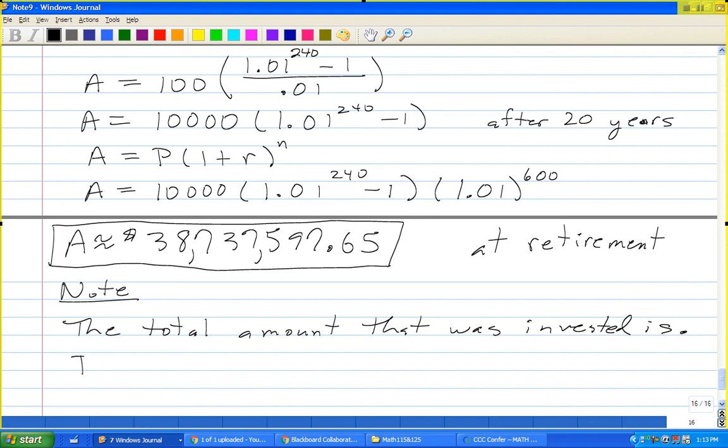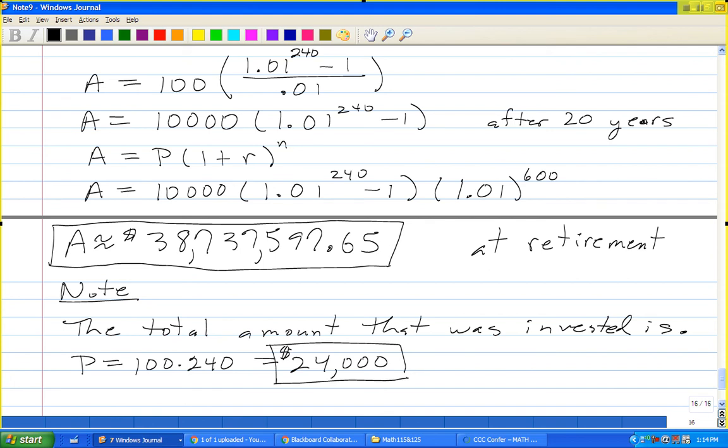The total amount that he invested was $100 per month, and he did this for 240 months. So that's $24,000. So notice that he invested $100 per month.